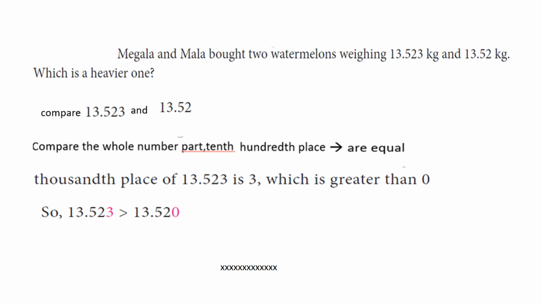Next we have to see the 1000th place, here 3, here there is none, that is 0. So 3 is greater than 0. Therefore, we can write it as 13.523 is greater than 13.520. Which is heavier? 13.523 kg of Meghala's watermelon is heavier.